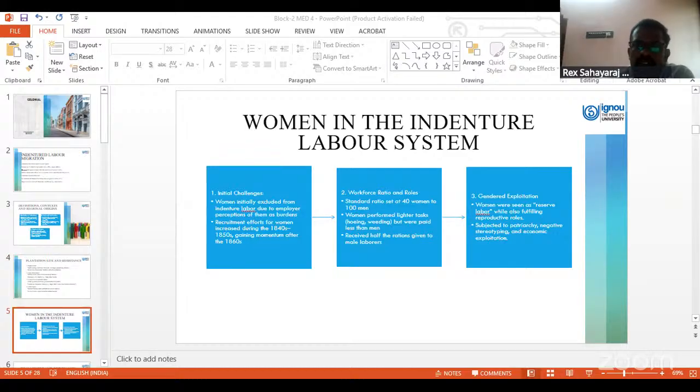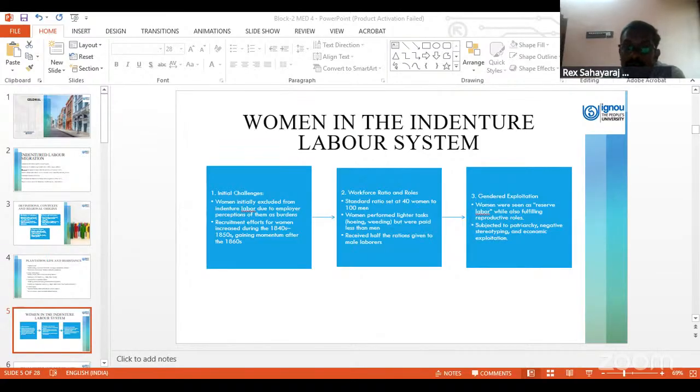The experience of Indian women is not much explored by scholars. In the beginning, women hardly joined the labor workforce as they were viewed as a burden by the employer. Some efforts were made to induct women into the indentured labor force in the 1840s to 1850s.